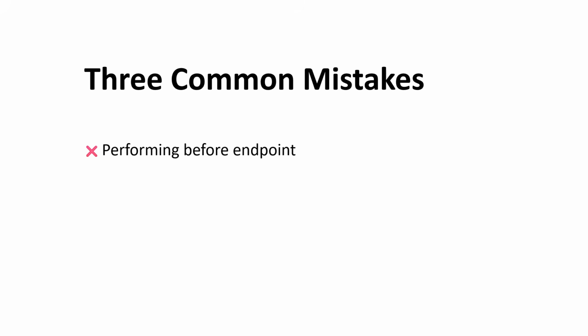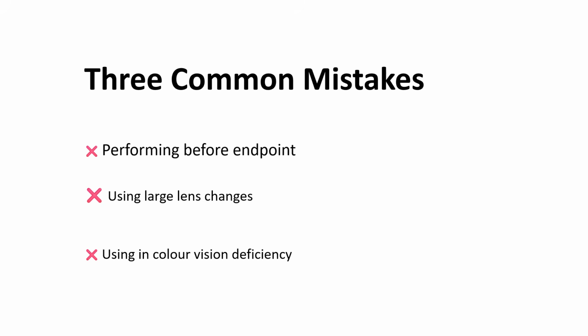If you don't achieve 6/6 and then you try to do the Duochrome test, the patient might not be able to tell you which letter is clearer. The second is using large lens changes; it's better to go in minus 0.25 steps only. And the third is using this test in color vision deficiency, which will not give you any result.